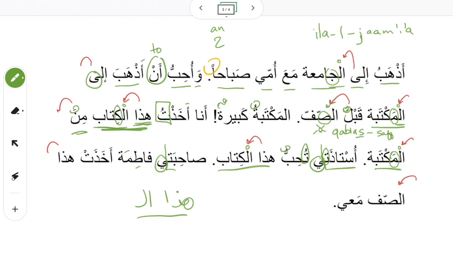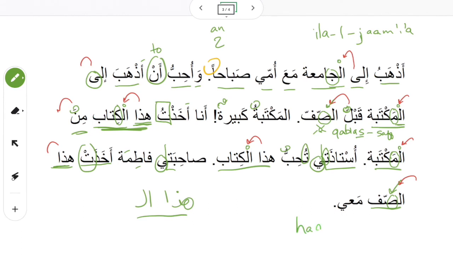صاحبتي فاطمة. My friend. So صاحبة is friend, it's female because it ends in a ta. My friend, the ya here. My friend Fatima, صاحبتي فاطمة, أخذت, she took. So when you have the ta with the sukun, it means she took. Whereas here with the dhamma, it was I took. So my friend Fatima took هذا and then الصف. Sad here is a sun letter because our tongue gets used when we pronounce it.